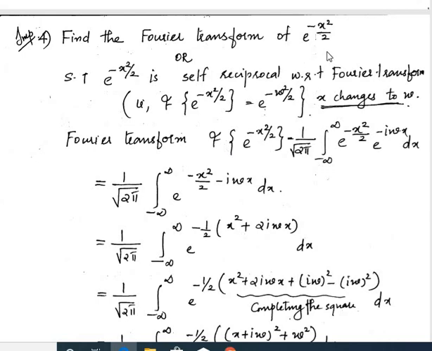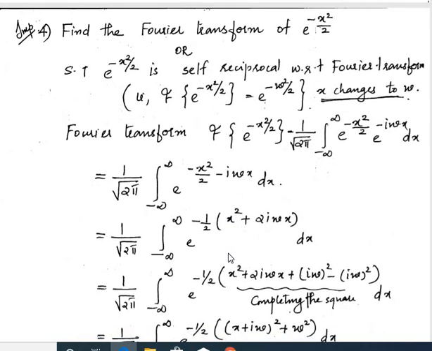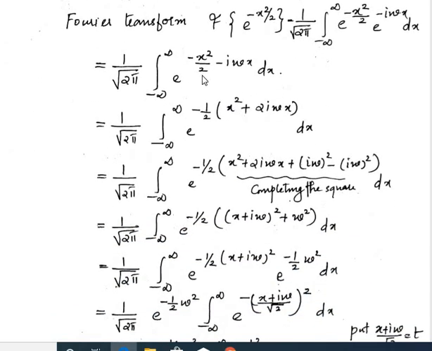So first we have to find the Fourier transform, that is 1 by root 2 pi integral minus infinity to plus infinity e raised to minus x square by 2 e raised to i omega x dx. Now we can add the power, and for integrating we take the term minus 1 by 2 common outside, so it becomes x square plus 2i omega x. And we cannot integrate this in this way, so we apply the completing the square property.